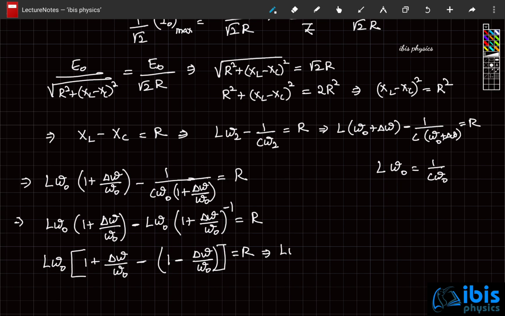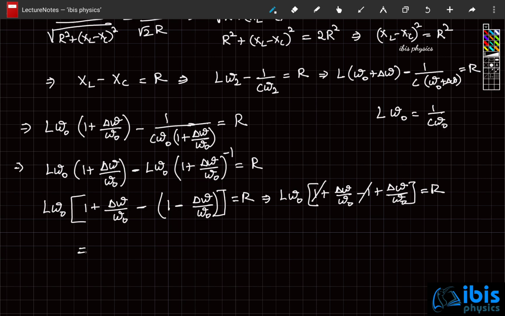So when you multiply inside, you are getting L omega naught into (1 plus delta omega by omega naught) minus (1 minus delta omega by omega naught) equal to R. Actually, if we had started out with L omega 1 and 1 by C omega 1, here we would have got minus 2 times delta omega by omega naught, but that is still fine.